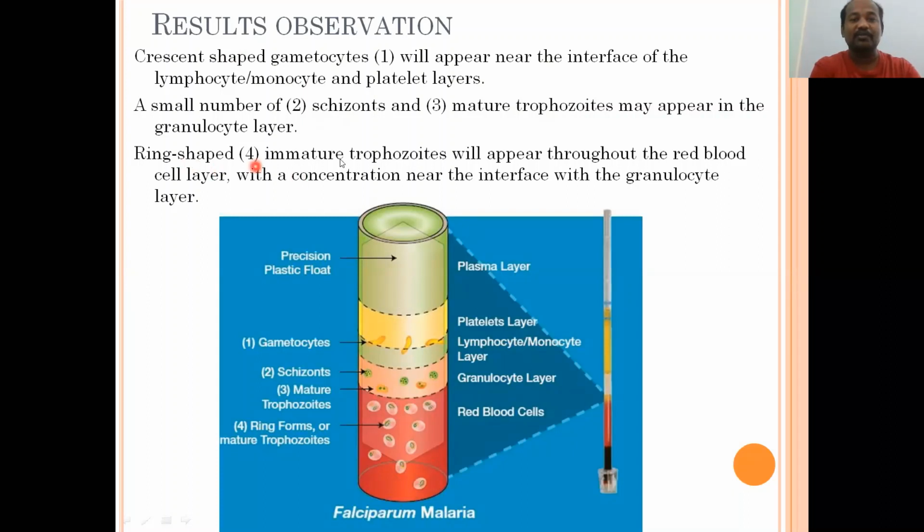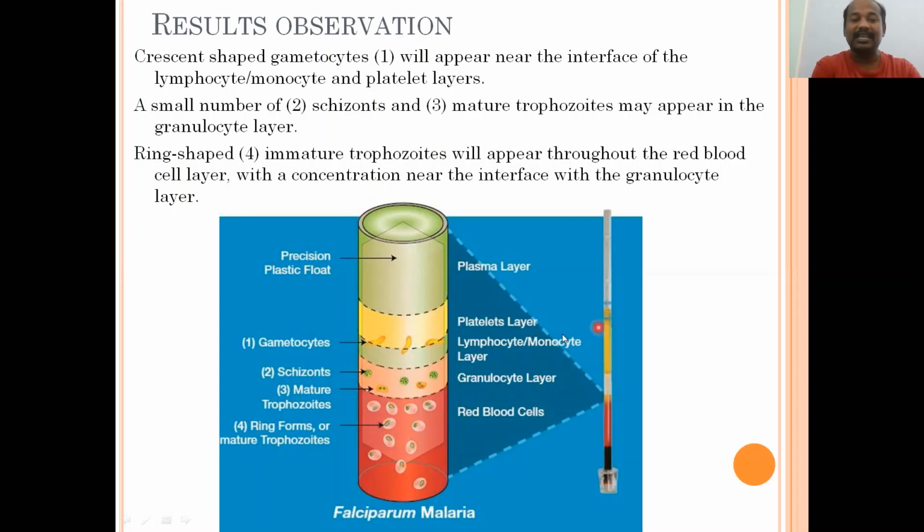Then another is the ring form, the ring-like structure of immature trophozoites. The ring-shaped immature trophozoites appear throughout the red blood cell layer, in the lower part. According to density, the cell components are present there.